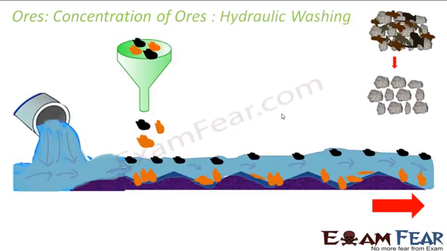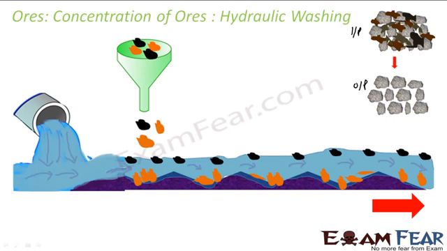So as I told, there are various processes for concentration of ore. The first one we'll discuss is the hydraulic washing. In this, if you see, we have got the raw ore, and what we have as output is a concentrated ore. This is my input and this is my output for this process, right?